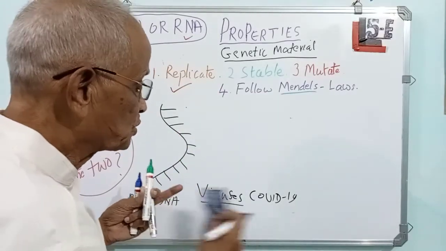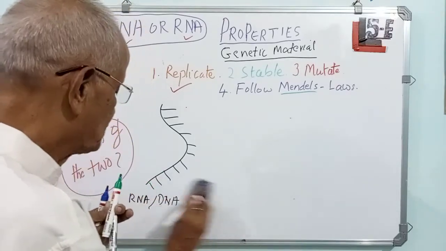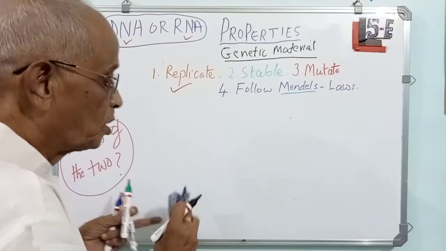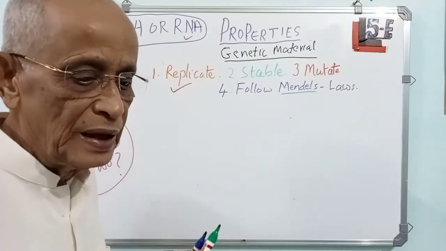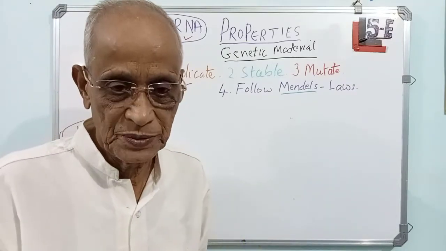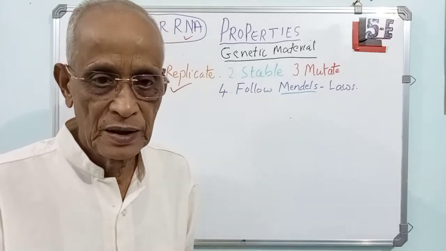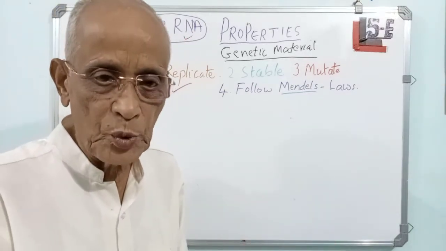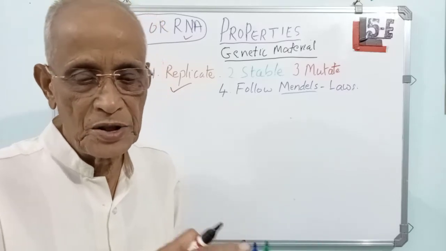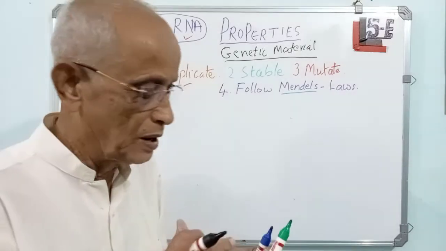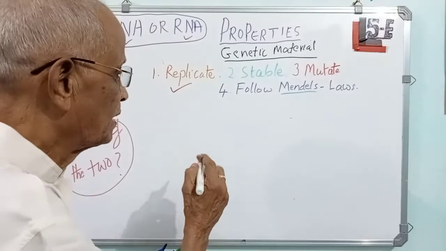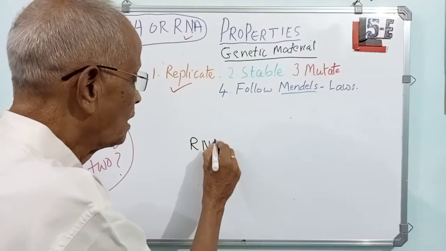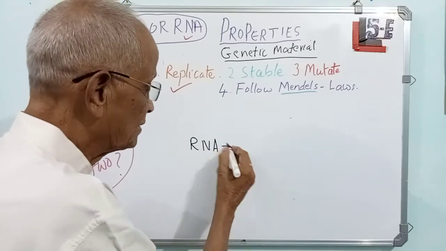And we go to the next one, that is the stability. Stability refers to the molecule not chemically changing its structure due to minor changes in the environment where the RNA or DNA is placed. It should be stable. Now RNA is not that stable.